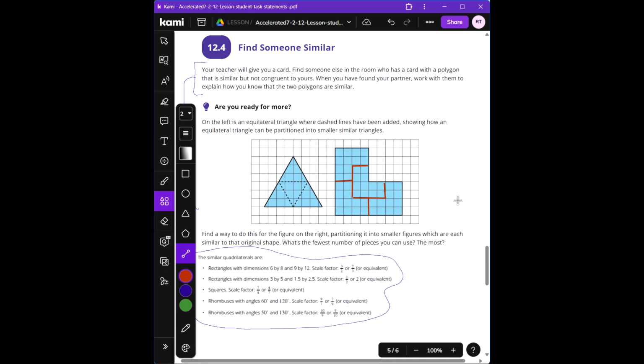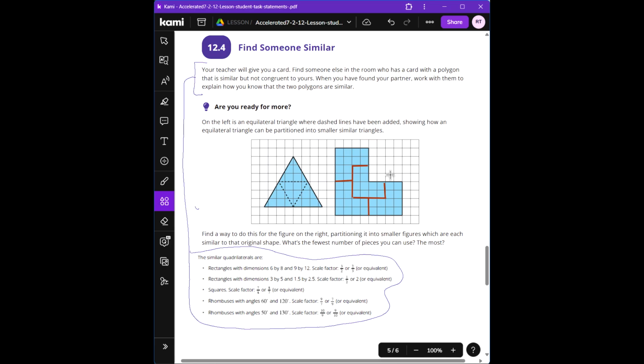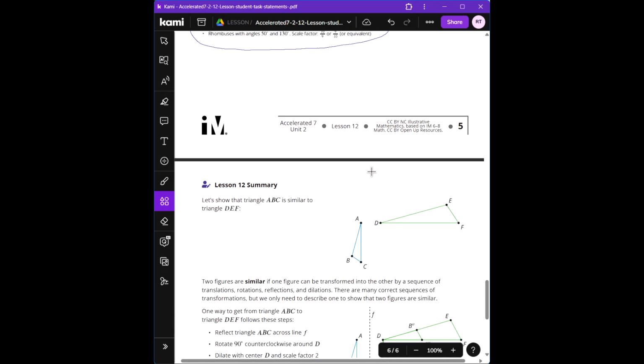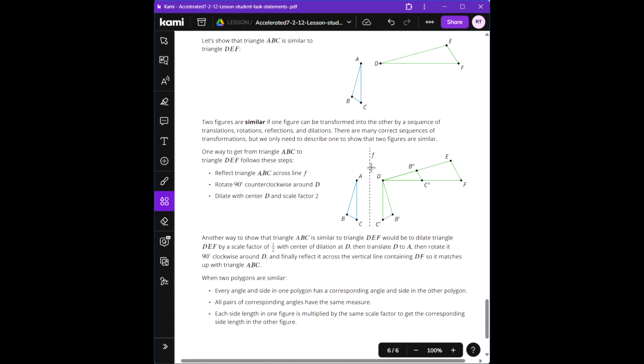Take a minute and see if you can find any fewer. Sorry, any smaller. Make these smaller. All right, so then we have another definition, right? Similarity. And then make sure to look at your translations, reflections, and all of that information that we've already gone through.